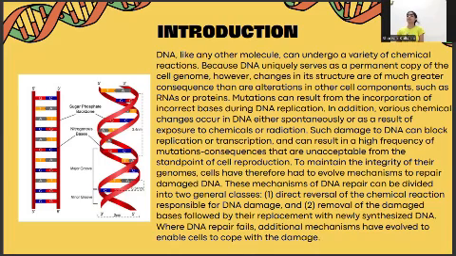Such damage to DNA can block replication or transcription, which are essential for all living organisms, and can result in a high frequency of mutations, consequences that are unacceptable from the standpoint of cell reproduction. To maintain the integrity of their genomes, cells have therefore had to evolve mechanisms to repair damaged DNA.